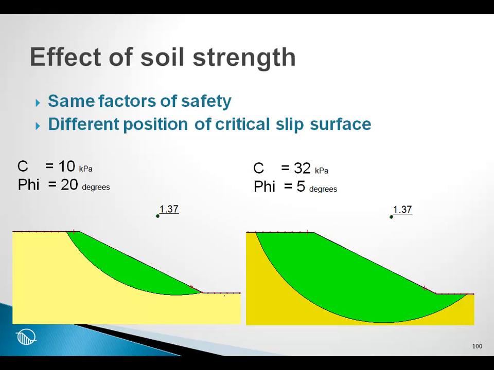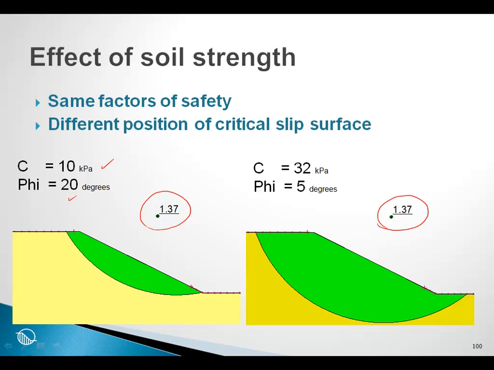To drive home the point that the position of the critical slip surface is a function of the strength parameters that you choose, take a look at this particular case here. We have the exact same factor of safety for the two cases.